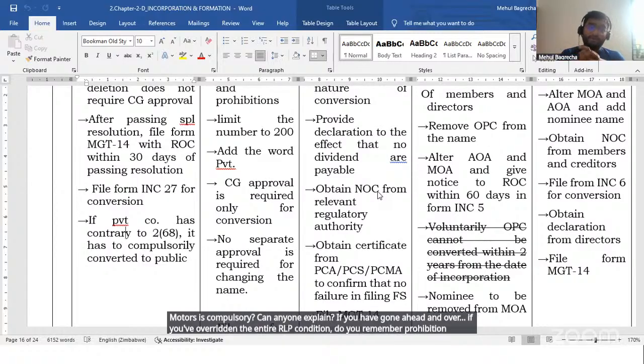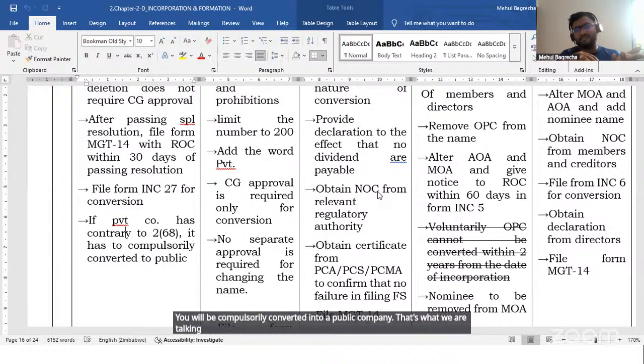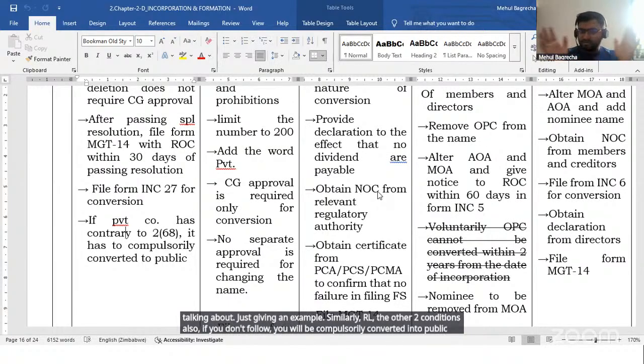I'd asked you not to go to the public and raise money. Anasa says, sir, I don't care, I will raise, no problem. You raise, you're not a private company anymore. You will be compulsorily converted into a public company. That's what we are talking about. Just giving an example. Similarly, the other 2 RLP conditions also, if you don't follow, you will be compulsorily converted into a public company. So far clear, everyone understood the topic? Yes. Next.